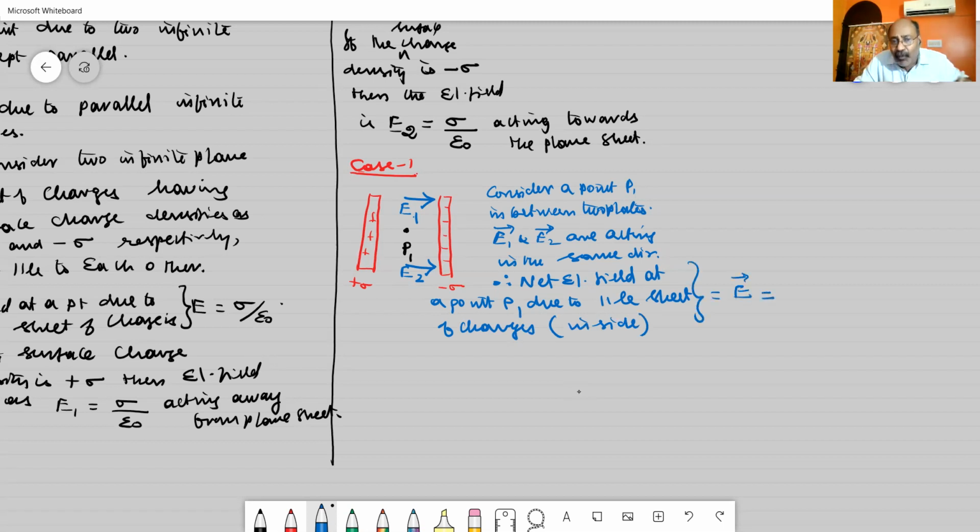Both electrical fields are acting in the same direction, so the net electrical field is E1 vector plus E2 vector. Therefore, E magnitude is sigma divided by 2 epsilon 0 plus sigma divided by 2 epsilon 0. So we have made a mistake, isn't it?